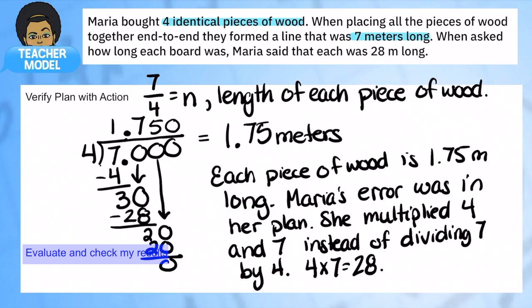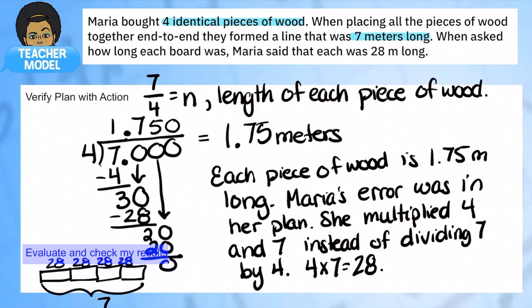All right, and I know this absolutely doesn't make sense because if we're putting 4 pieces of wood all together, and we know that all together this makes 7, it doesn't make sense that each of these was going to be 28. There's no way that 28 plus 28 plus 28 plus 28 was going to give us 7.